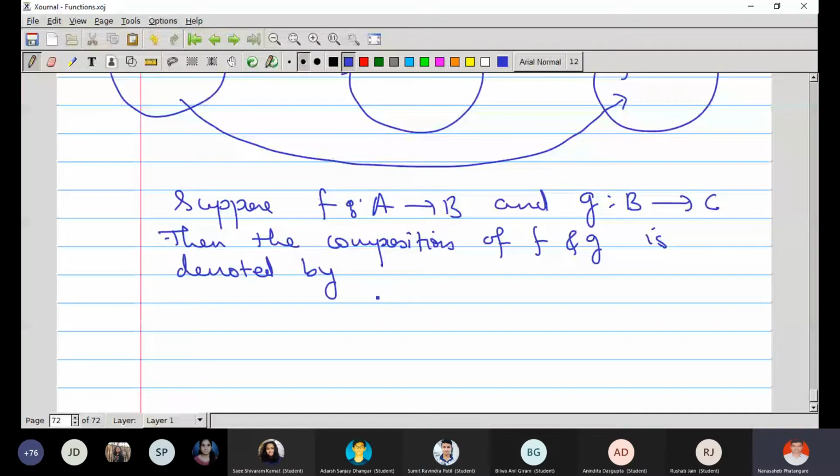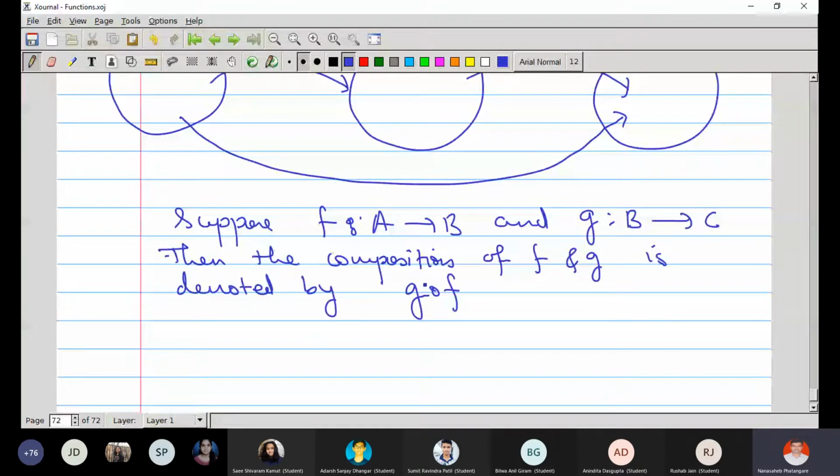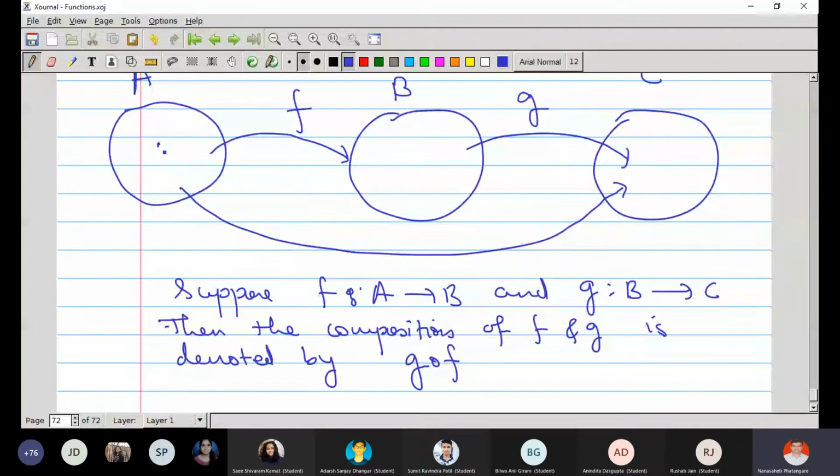Here the order is important. What does g composite f mean? Suppose you take any point x here. If you apply function f on x, you will get an element in B. That image is, suppose, y, which is the image of x.